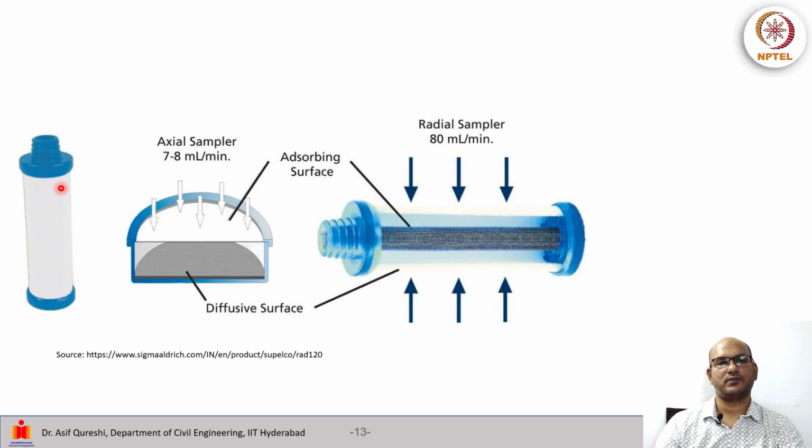This is another view. So these are quite small in size, and here is our adsorbing surface, which is inside the inner tube, and this is our diffusive surface which is the outer tube, and then this is the typical airflow which has been reported in one of the samplers of around 80 ml per minute.